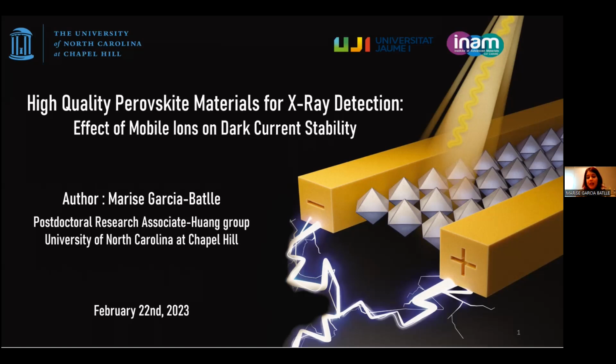My task in the project was to study the effect of mobile ions and how these species may influence the dark current stability. This work was developed at the Institute of Advanced Materials in Spain, at the Universidad Jaume I.